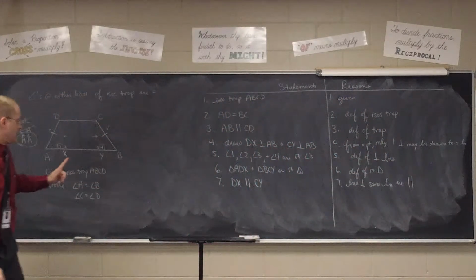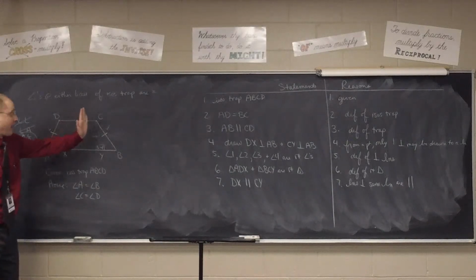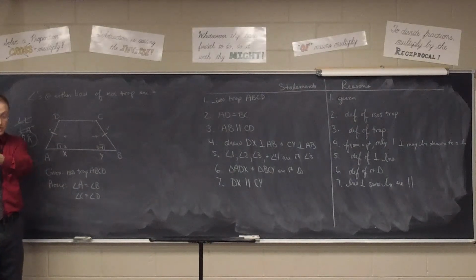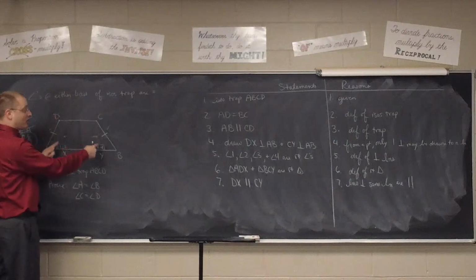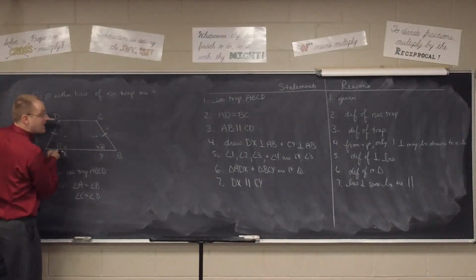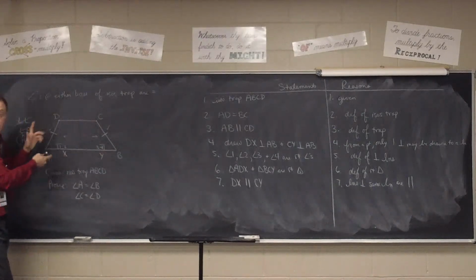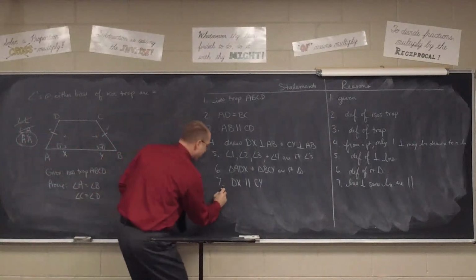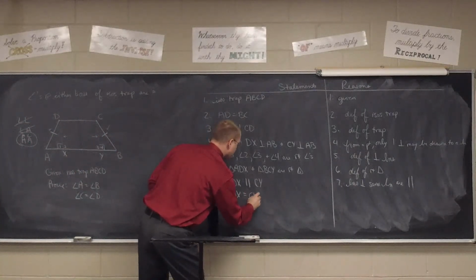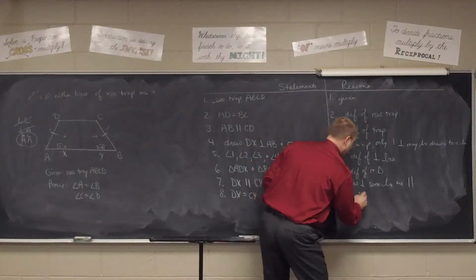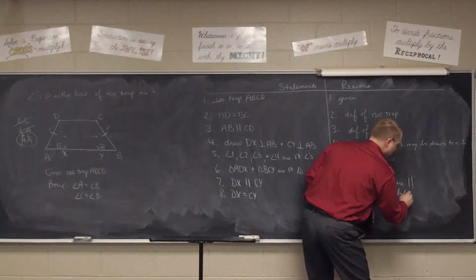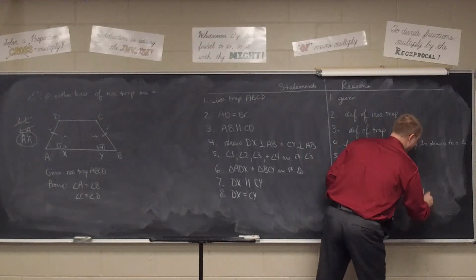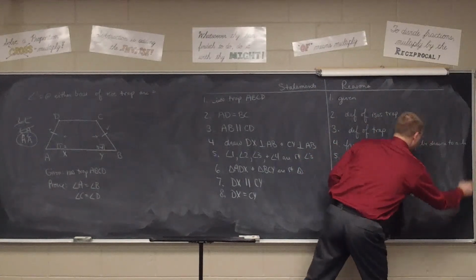Now, Audrey, since they are then in fact parallel, does that mean they're equal? I have parallel lines included between parallel lines. Yes, they are equal. So that means number 8, that dx is equal to cy, because parallel lines included between parallel lines are equal.